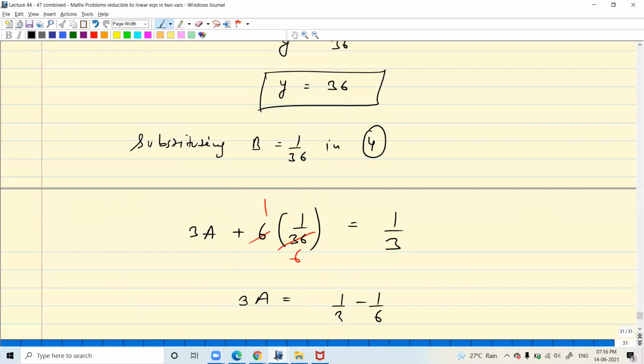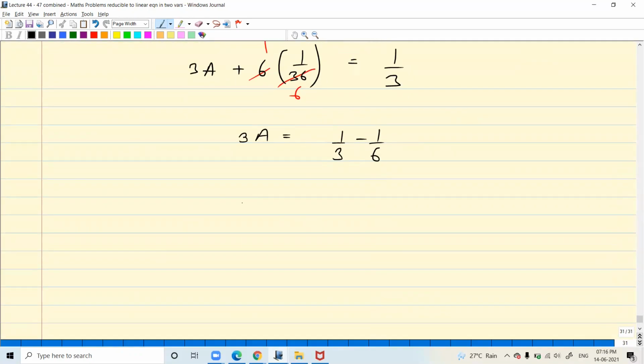1 by 3 minus 1 by 6. Simplify that. Tell me, what does 1 by 3 minus 1 by 6 become? 2 minus 1. 1 by 6, our answer. 3a is equal to, so multiply by 2 here, multiply by 2 here.